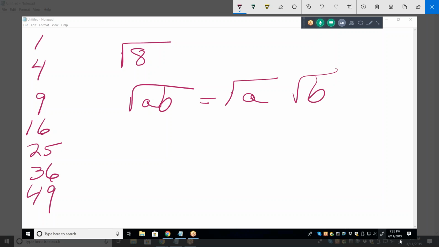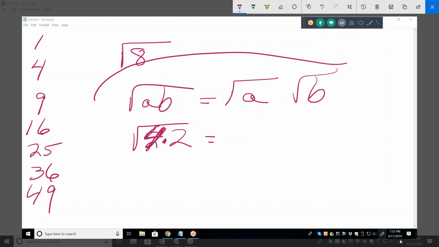Okay? So I could make 8 be 2 times 4, or let's make it 4 times 2. Right? Well, what's that equal to based on this?